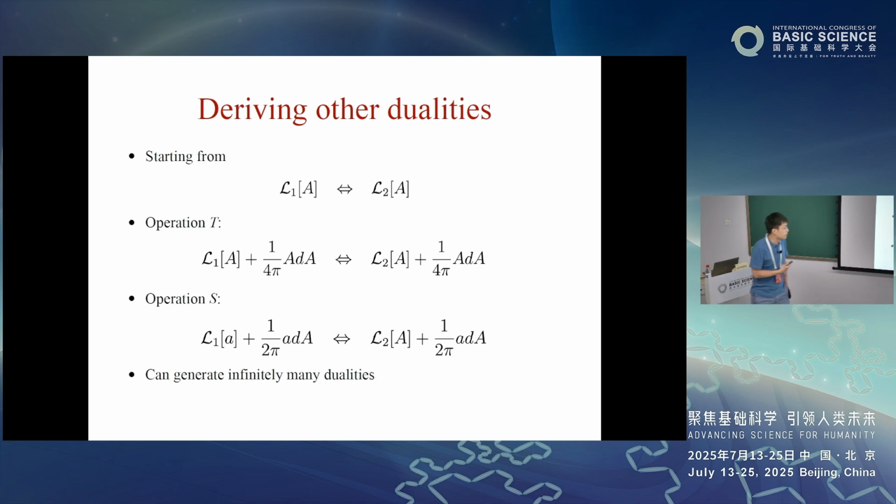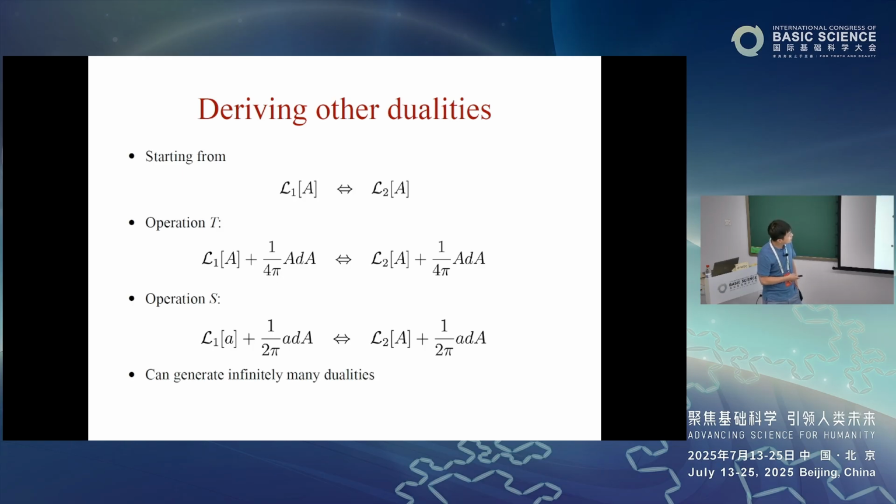U1 symmetry. So what you do is you take this theory and you promote this background gauge field to a dynamical gauge field, which means you are summing over the gauge field in your path integral. In that process, you eliminate a global U1 symmetry because you've gauged it.